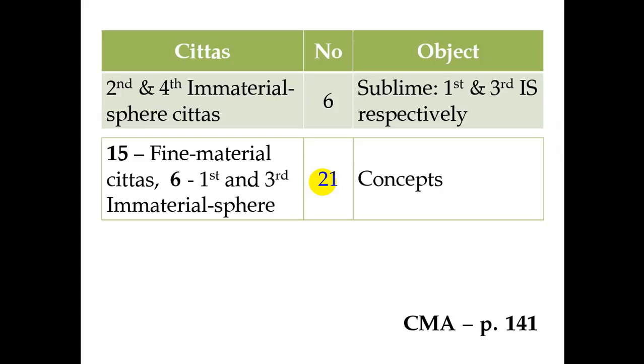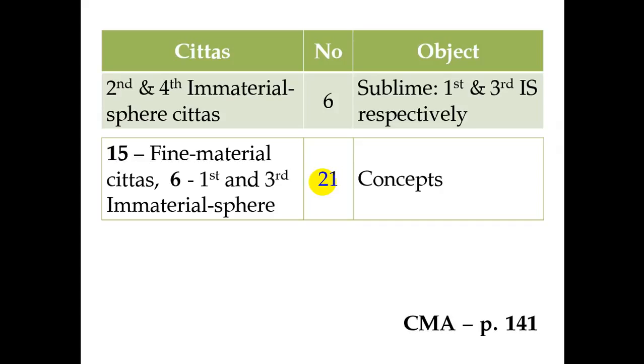The moment one attains the third immaterial jhana, the mind is very calm and very serene. Looking at that calmness of the mind, the serenity of the mind, he attains the fourth immaterial jhana.